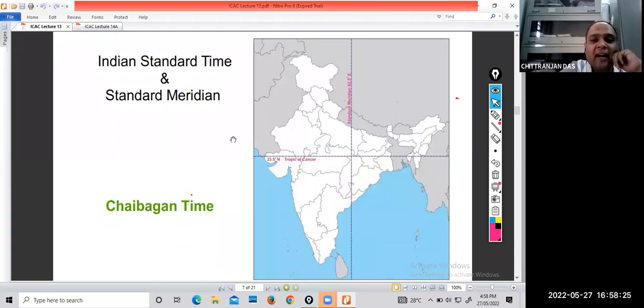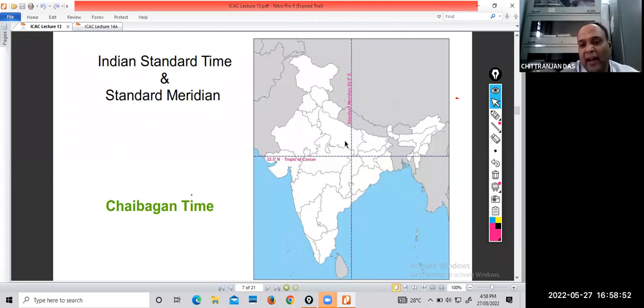Now, another very important thing about our country is the standard meridian, or standard time. The Indian standard meridian is 82.5. It passes through Mirzapur in Uttar Pradesh, but also through other states.